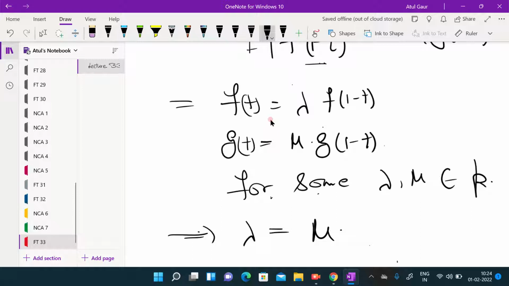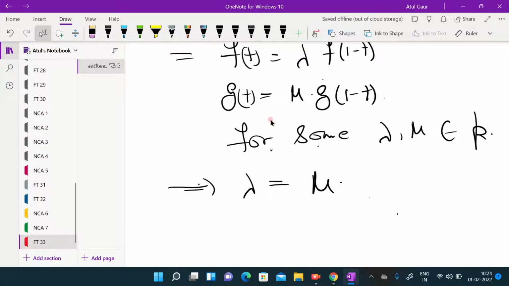Is that fine? Okay. Yes, sir. So what do we do here? One piece of information you have here is very interesting. The information is, since lambda and mu are constants, that means if f(alpha) is 0 for some alpha, then f(1 minus alpha) is also 0. Is that fine? So this gives me a clue, because if alpha is a root, then 1 minus alpha is a root, right?